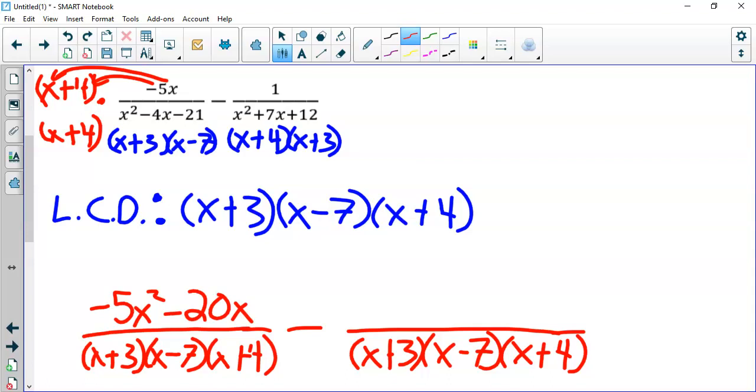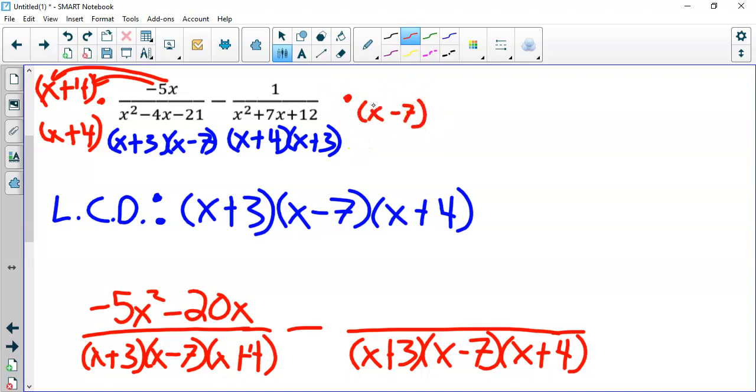Okay. So, again, here's what I currently have. Here's what I want. What's missing? The x minus 7. I've got the x plus 4, x plus 3, x plus 3, x plus 4. I'm missing this guy. So I need to multiply top and bottom by what? X minus 7. Good.